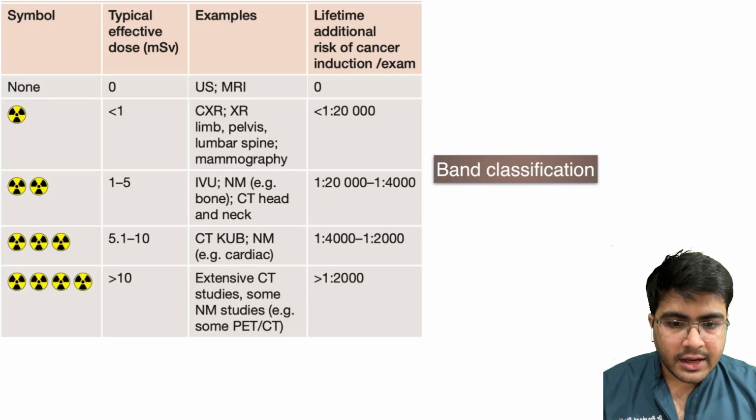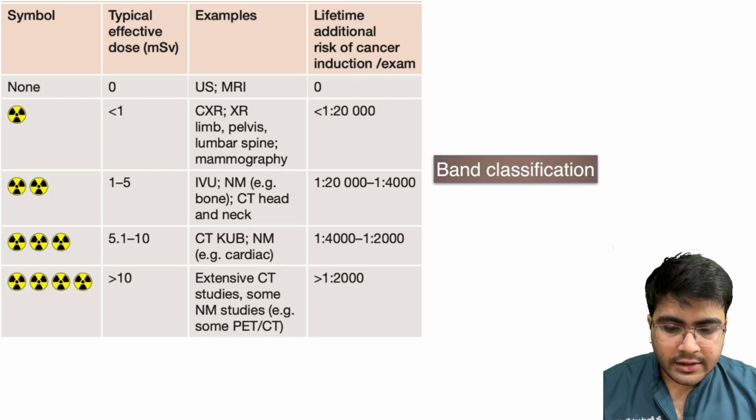If you have two circles, the typical effective dose is 1 to 5, and it is usually seen in IVU, nuclear medicine investigations like bone scan, and CT head and neck, and the lifetime additional risk is 1:20,000 to 1:4,000. If you have three circular symbols, the typical effective dose is 5.1 to 10, and it is basically seen in CT abdomen and nuclear medicine investigations like cardiac scan, and the lifetime additional risk of cancer induction is 1:4,000 to 1:2,000.